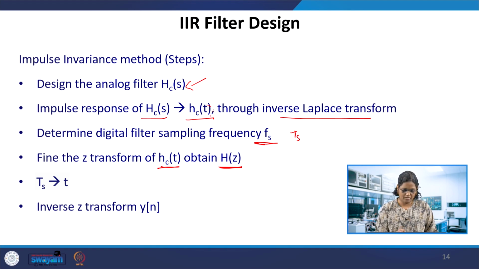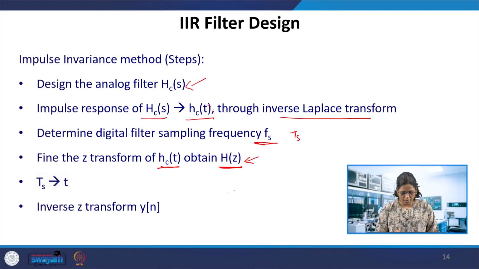Then get the Ts value, that is what the sampling frequency should be, and using hc(t), get the Z transform of it, H(z). H(z) is nothing but the filter which we need in the discrete version, the discrete version of Hc(s).